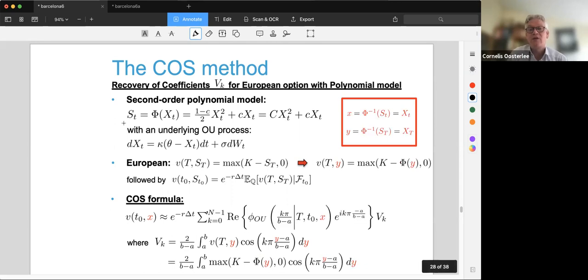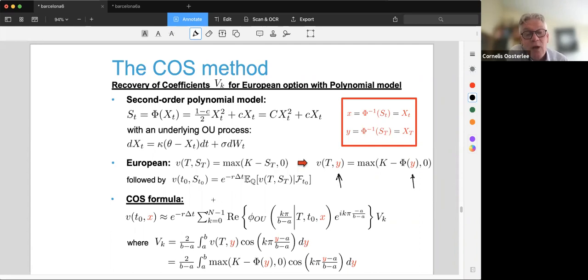Now, if we make the transformation, x is psi inverse of S, which is x little t, and this is x capital T, then we have again still this payoff with the y here. And now we have psi of y here. In fact, in the payoff, it says psi of y because it has to be S.